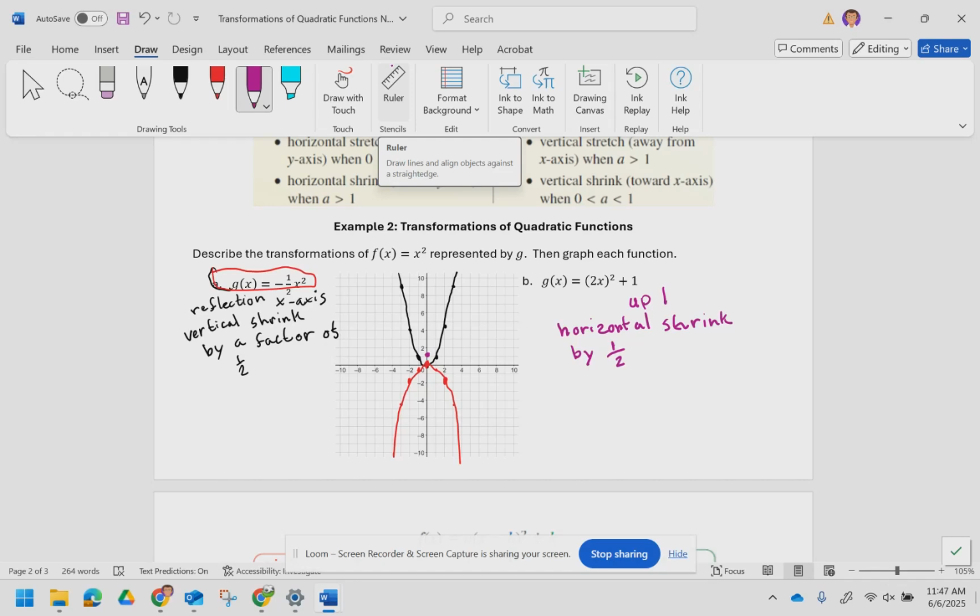We're shrinking it inwards by 1/2 to a 1. Up here at 9, we're going to move it up to a 10, and then since it's outwards at a 3, we're shrinking that in half to where it's 1/2.